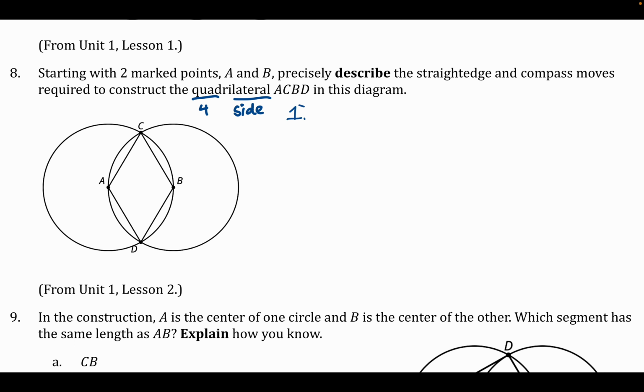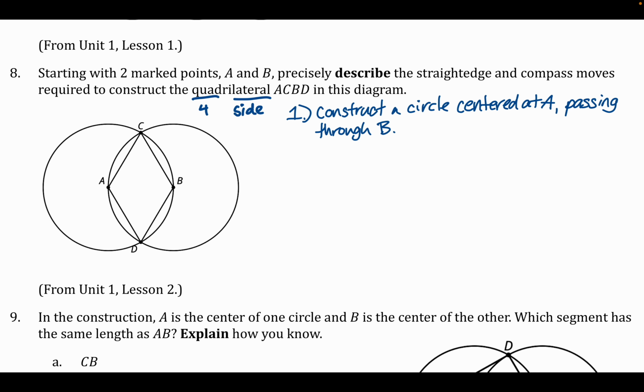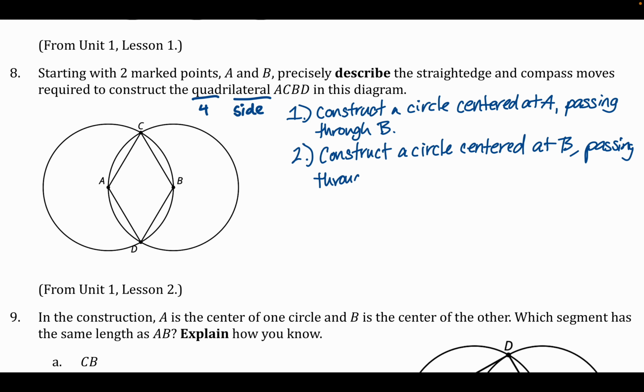So I'm going to say step 1, construct a circle centered at A and passing through B. My next step is going to be the same idea, but centered at B and passing through A. Construct a circle centered at B, passing through A.